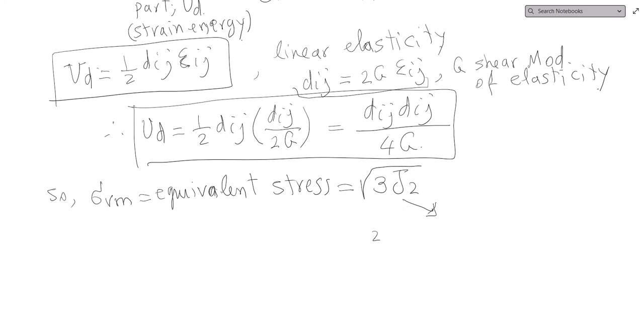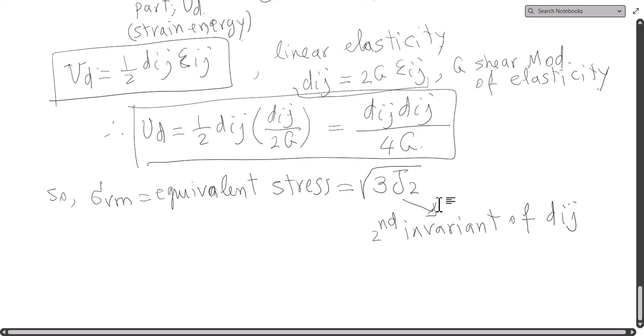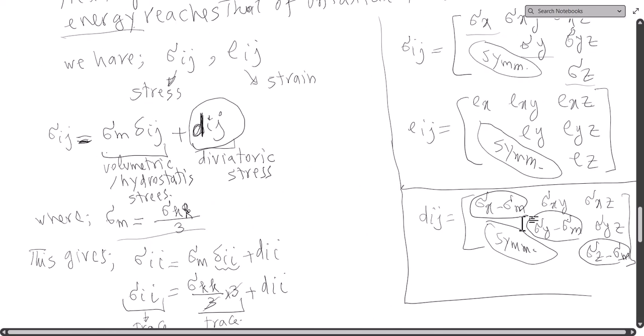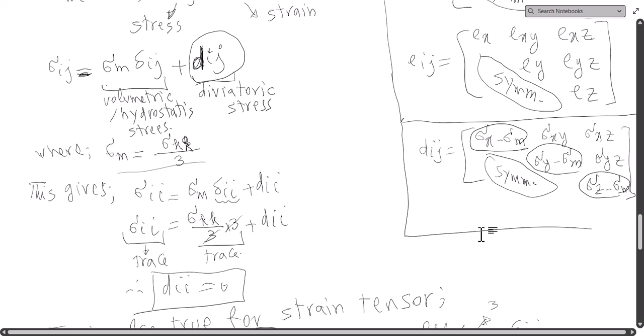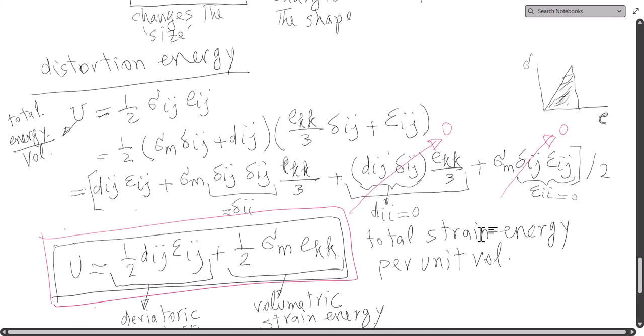J2 is the second invariant of Dij. This can be found by calculating the eigenvalues of this matrix Dij and writing the characteristic equation, and the coefficient of that characteristic equation will give you the J2.